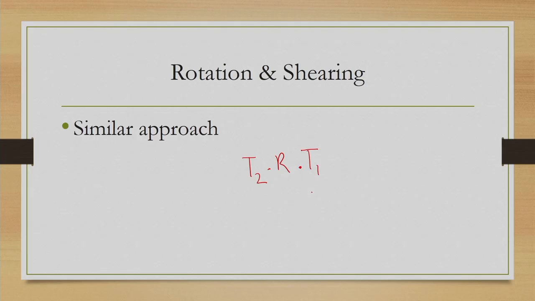For shearing, same approach, translation to origin followed by shearing with respect to origin followed by translating back to the original fixed point location. So, this is the composite matrix form for performing any of the basic operations with respect to a fixed point that is not origin.